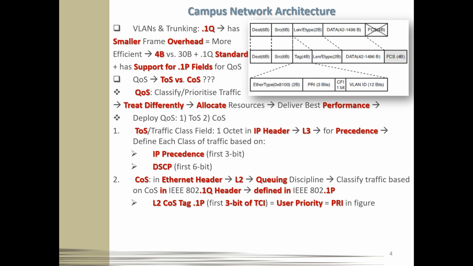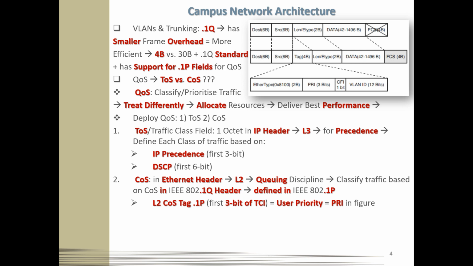The TOS byte inside the IPv4 and IPv6 header is called the DS field, differentiated services. So the DS field is the same as the TOS byte or TOS field in newer RFCs, and there the first 6 bits define DSCP.